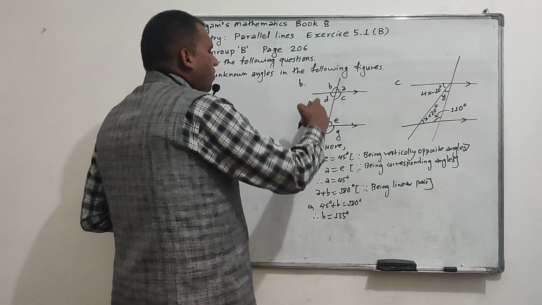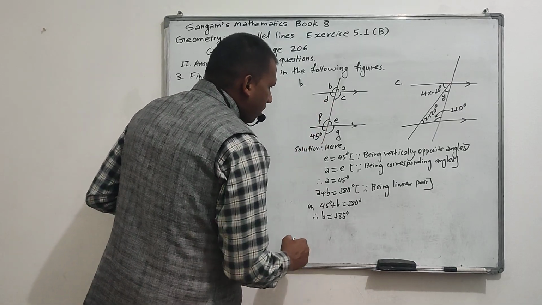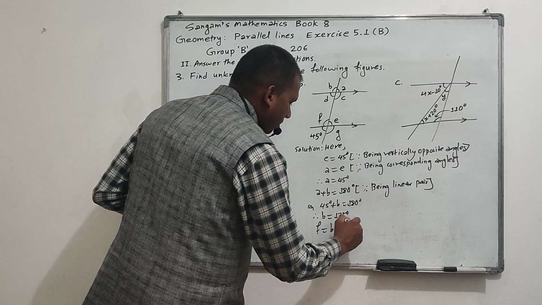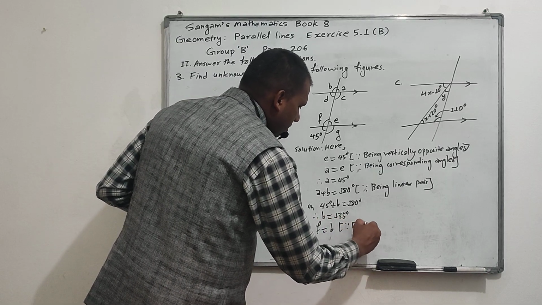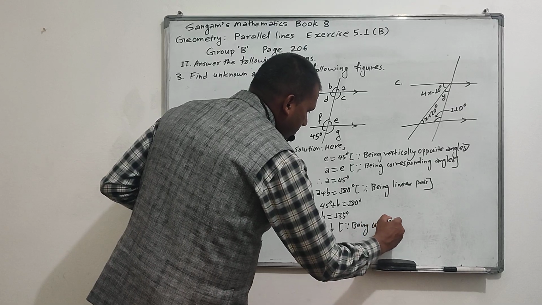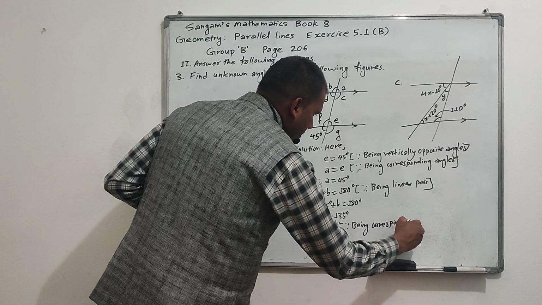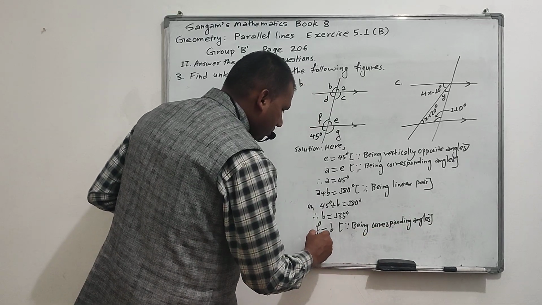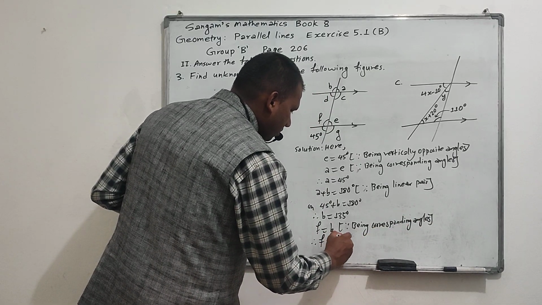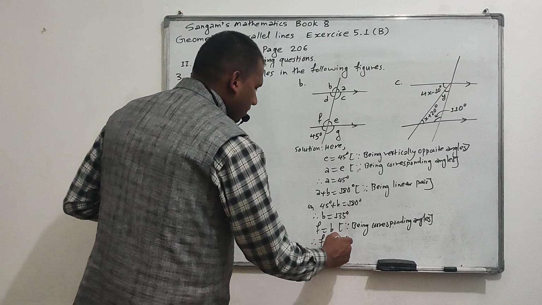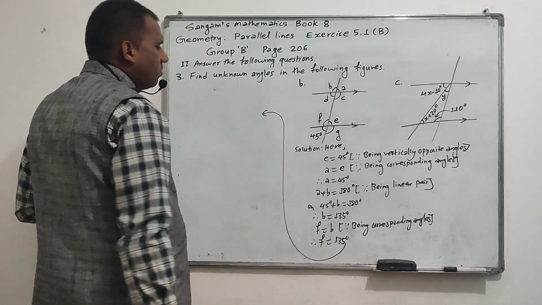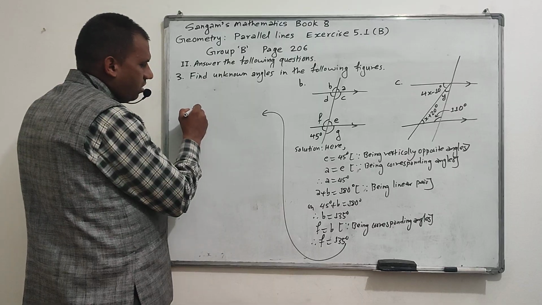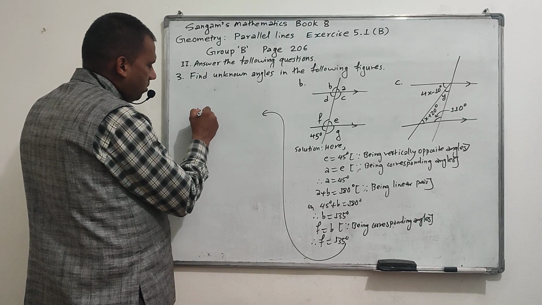Then B and F are corresponding angles, so F equals B, therefore F equals 135 degrees.